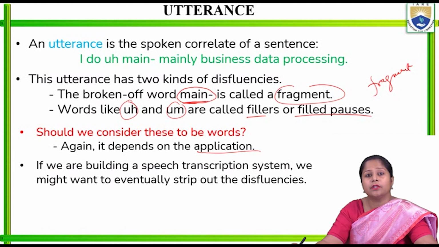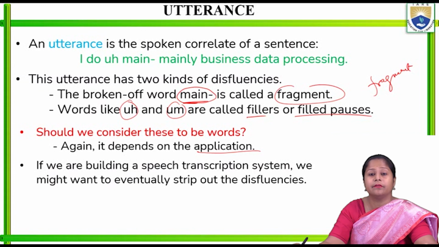The system recognizes those speeches and words and maintains the transcript. In that case, the algorithm will be applied to strip out the disfluency; we don't have to consider those disfluencies. So I will conclude that it is up to the application and the researcher what type of task they are going to consider.